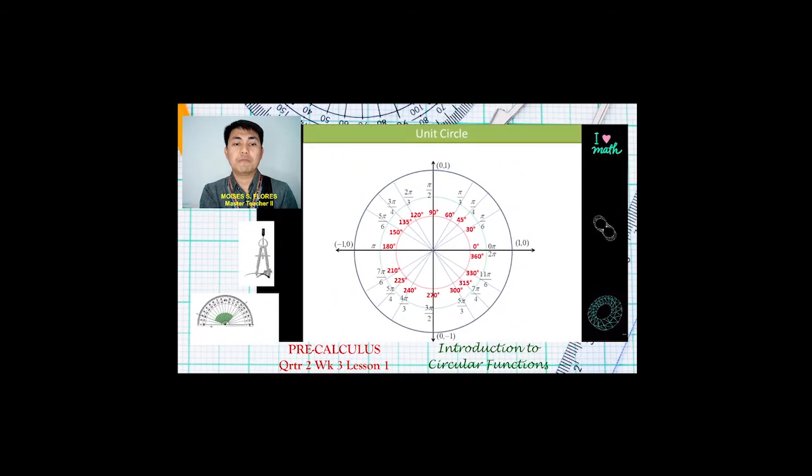Now, let us complete this diagram of the unit circle. And you know what, guys, this is needed for us for the circular functions. So we need to familiarize ourselves with or memorize these coordinates of our unit circle. So for 30 degrees, we have square root of 3/2, 1/2.